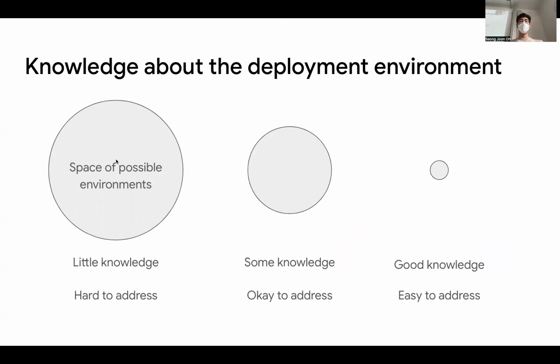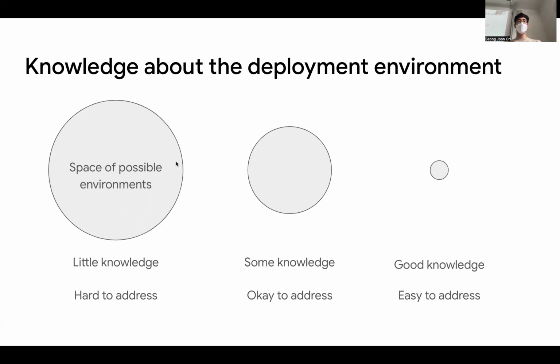We can conceptually think of the size of the space of possible environments that we care about. That is also related to your knowledge of what's going to happen at deployment time. If you have very little knowledge about deployment, then the space of possible environments is huge.